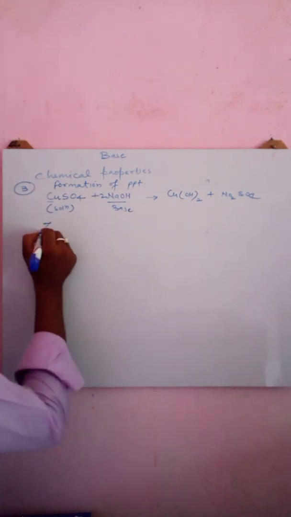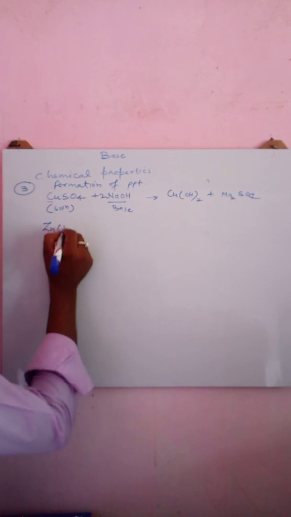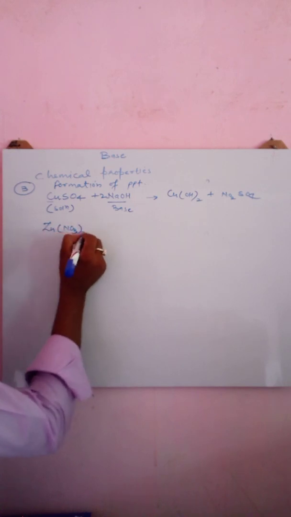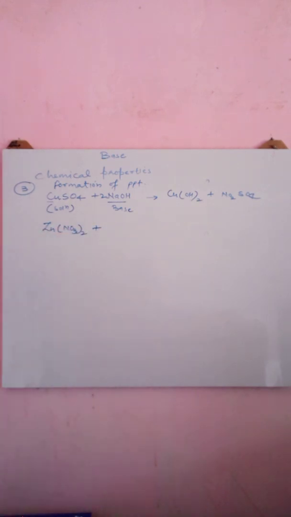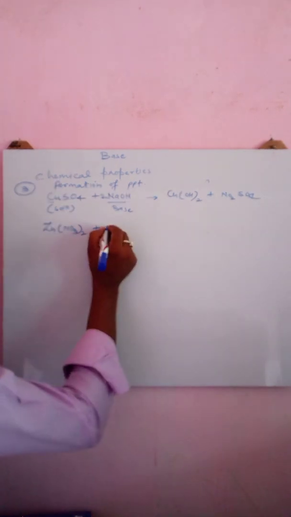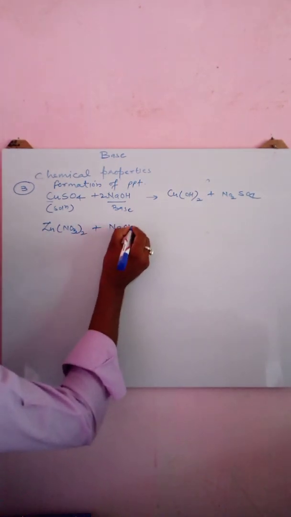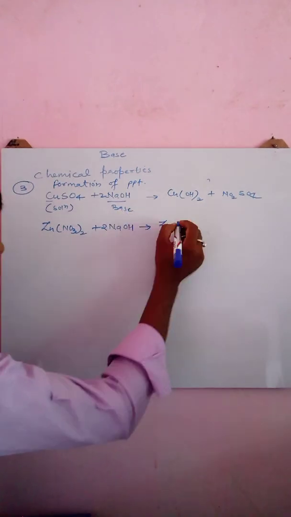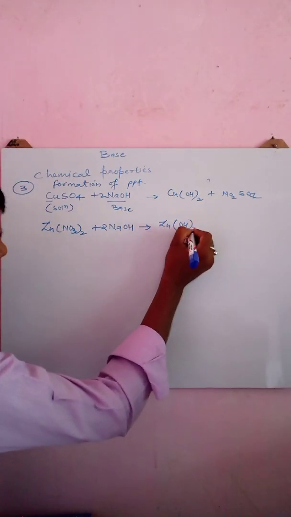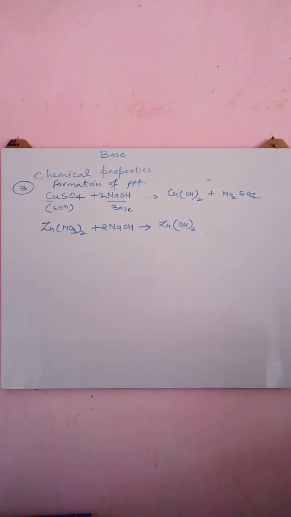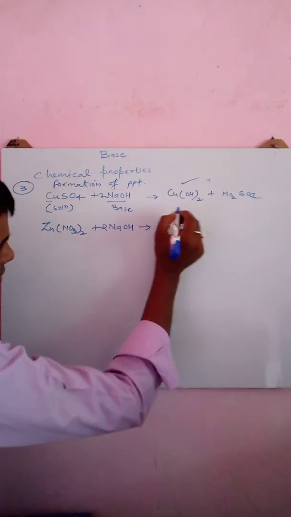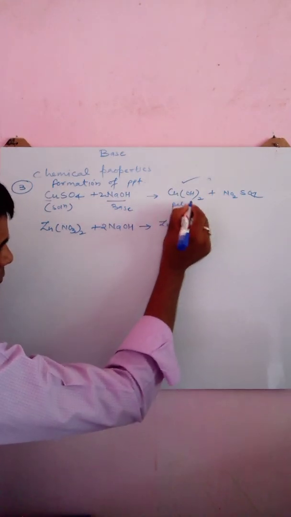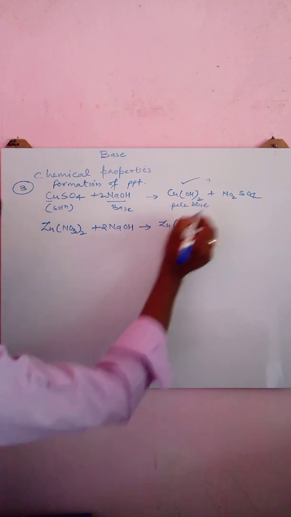Okay? One more example we can see: when zinc nitrate, Zn(NO3)2, undergoes reaction with sodium hydroxide, it forms zinc hydroxide, a gelatinous precipitate.